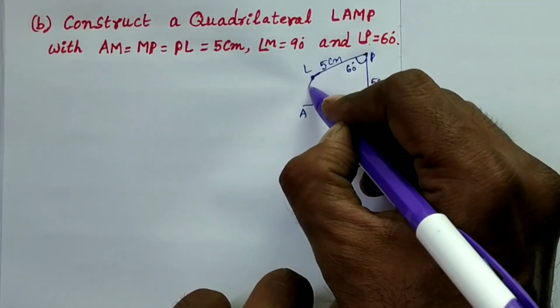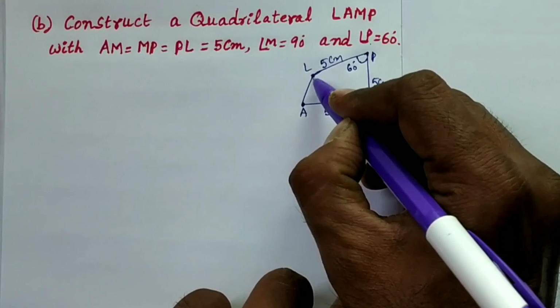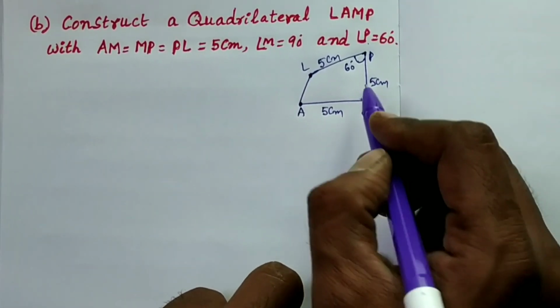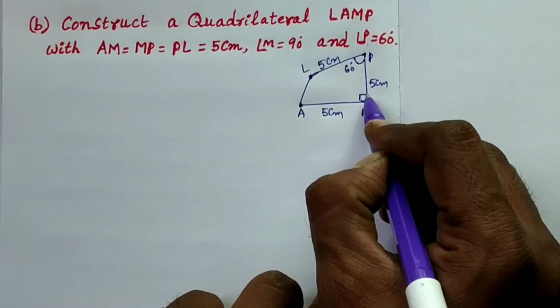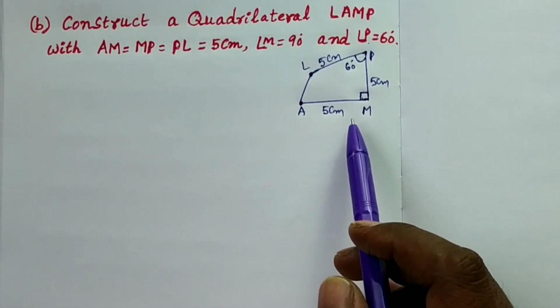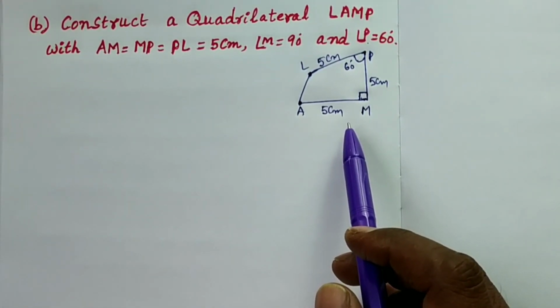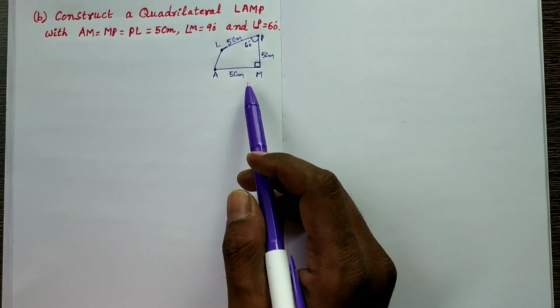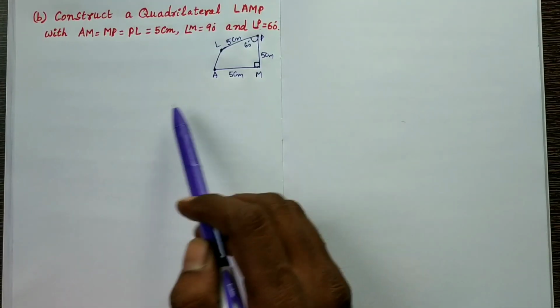Now you join AL. This is the rough diagram of the given quadrilateral. Now let us go to draw the original diagram.